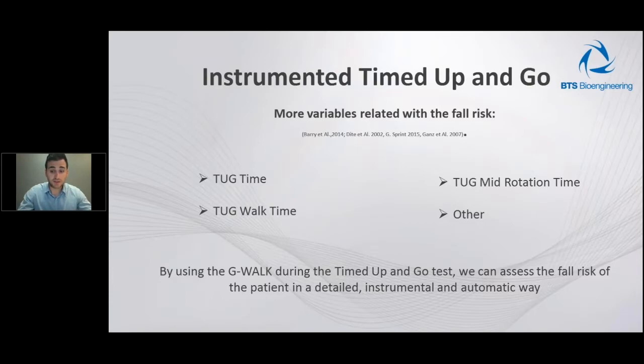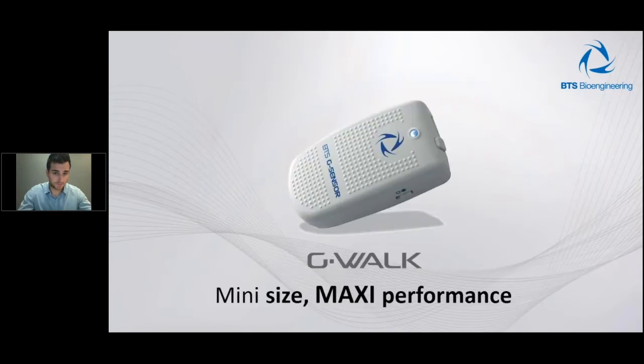Now, just a few words about the technology. The GWALK is a revolutionary product for movement analysis. It is a portable and wearable device made up of great hardware technologies, in detail an inertial platform made up of a 3-axis accelerometer, 3-axis magnetometer, and 3-axis gyroscope, and advanced software algorithms, joined together, allowing a precise gait and movement quantification.